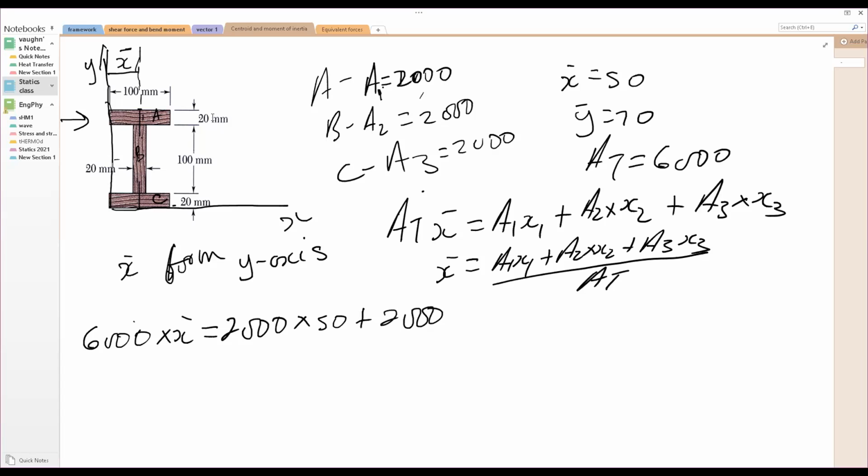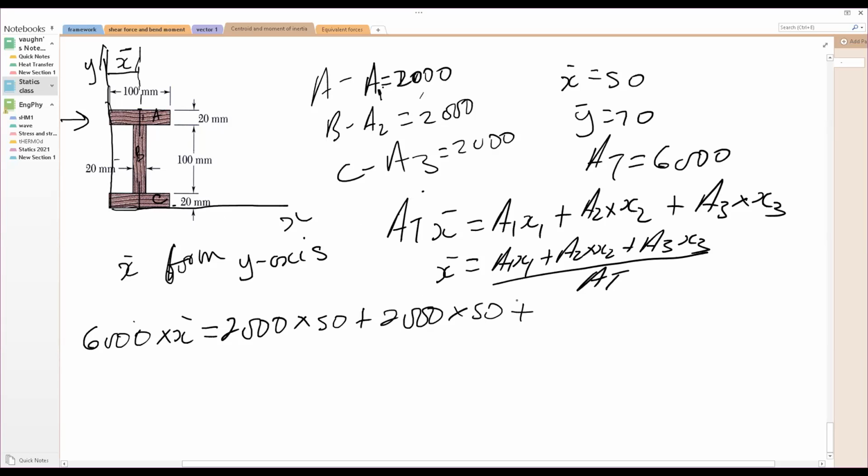Let's go straight to it. The thickness of it is 20, but from the y-axis, where does the center of it drop? Where is x2? X2 must be from down here to the center of it. Is that 50? Yes, sir. Still 50. Good.